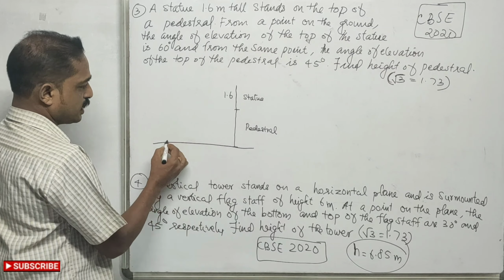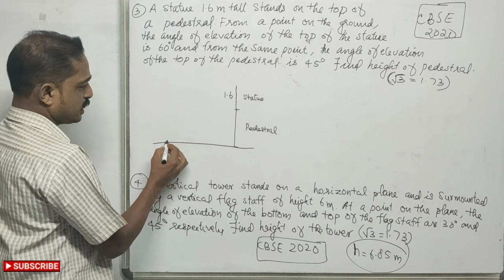Now we are considering the triangle ABD, this large triangle, and this angle is 60 degree. So what is tan 60? Tan 60 is opposite side by adjacent side. What is the opposite side? Opposite side is BD. BD is simply 1.6 plus h.